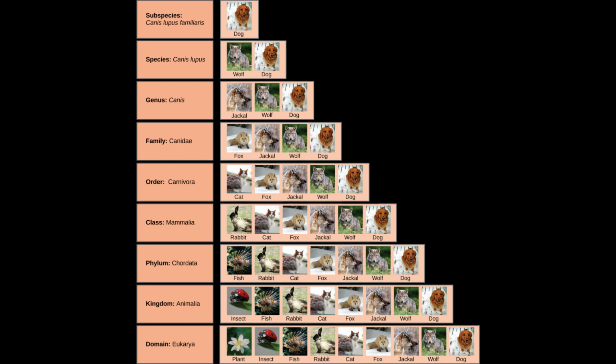Recent study of the DNA of domestic dogs and wolves suggests that the domestic dog is a subspecies of the wolf, not its own species. Thus, it is given an extra name to indicate the subspecies status, Canis lupus familiaris.